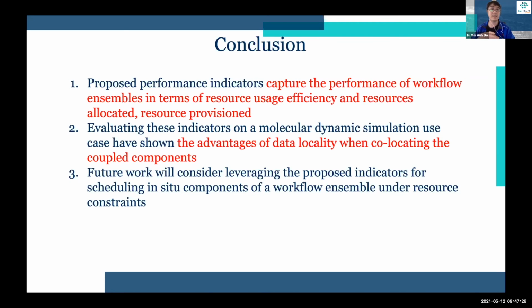We applied these indicators to the molecular dynamics use case, and we showed that there is an advantage of data locality when co-locating coupled components together. For future work, we will use this method for the scheduling problem, scheduling in situ components under resource constraints.